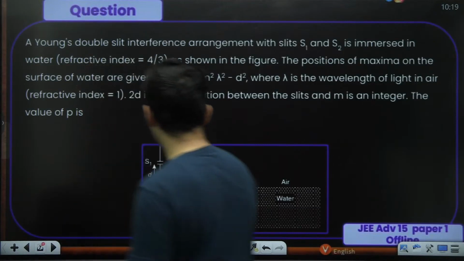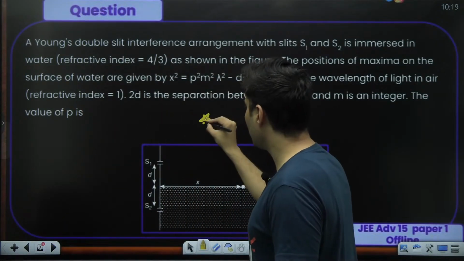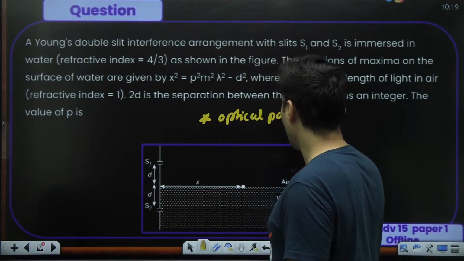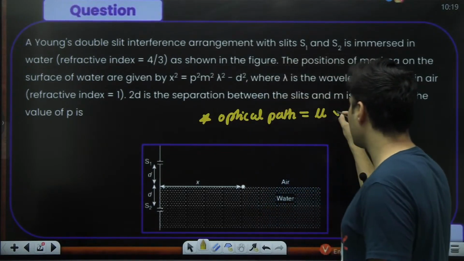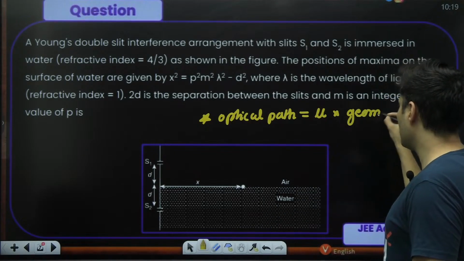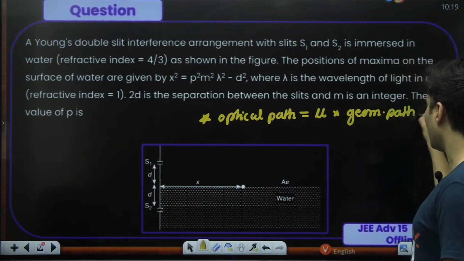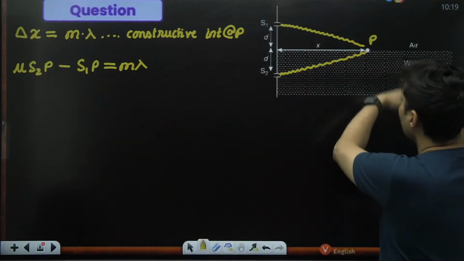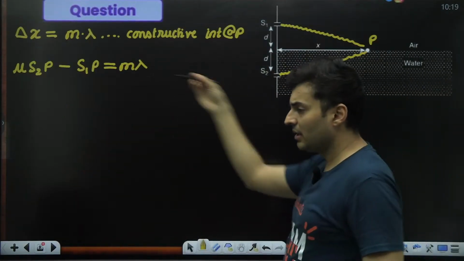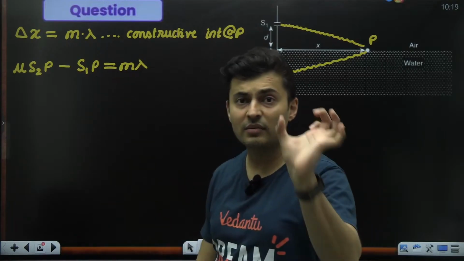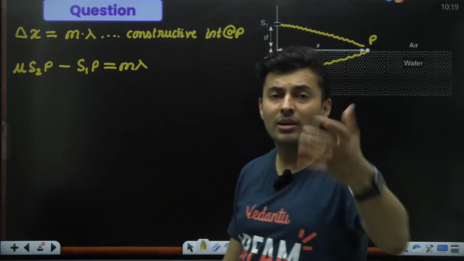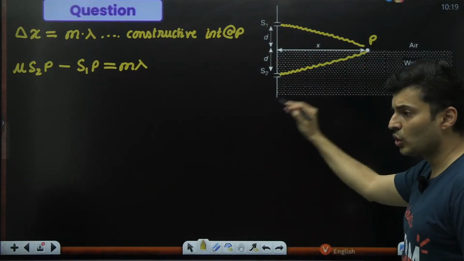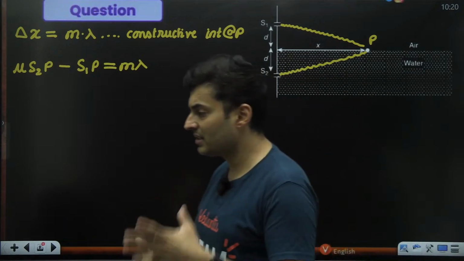So the main concept to be used here is that optical path is mu times the geometrical path. The geometrical path was S2P, and the refractive index of water is mu. So mu times that gives you the optical path, which is different because the light speed will be different, it will be slower. So obviously the effective distance will change.